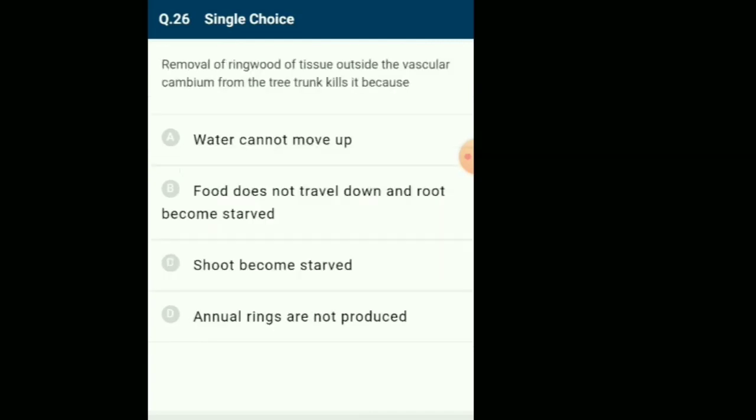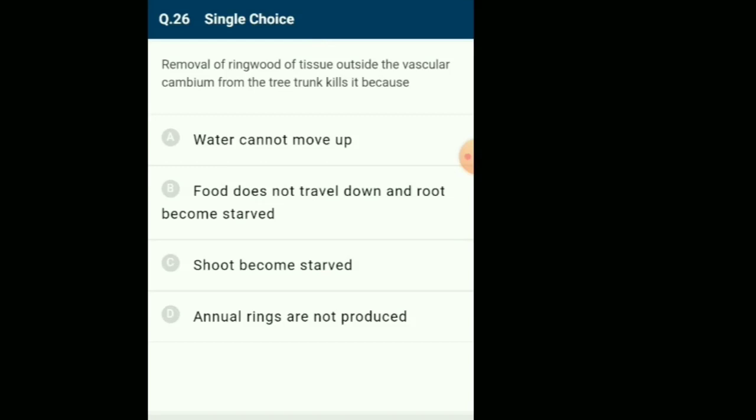Question number 26. Removal of ring wood, the tissue outside the vascular cambium, from the tree trunk kills it because? Both intrafascicular and interfascicular cambium join together and form a cambium ring. The periclinal division of the vascular cambium ring forms secondary phloem outside the vascular cambium, and secondary xylem inner to the vascular cambium.